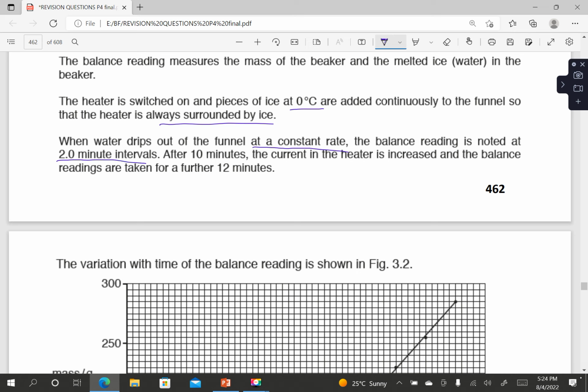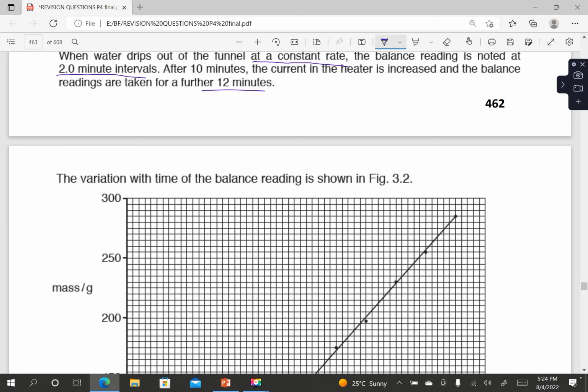After 10 minutes, the current in the heater is increased and the balance readings are taken for a further 12 minutes. The variation with time of the balance reading is shown.